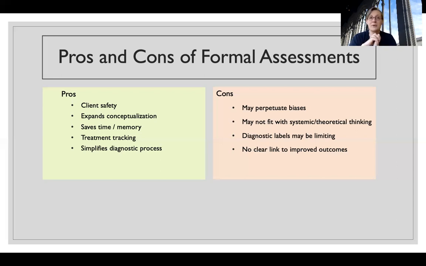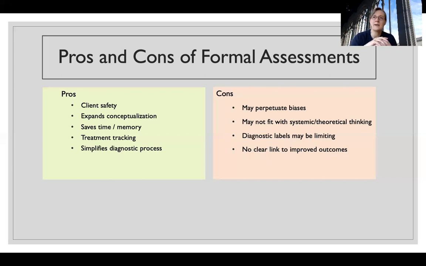Treatment tracking. So another thing that is important as you're doing treatment planning and creating a treatment plan, like how you're going to go from here to there. Being able to say, it's never going to be exactly objective, but more or less objectively, how are they doing?